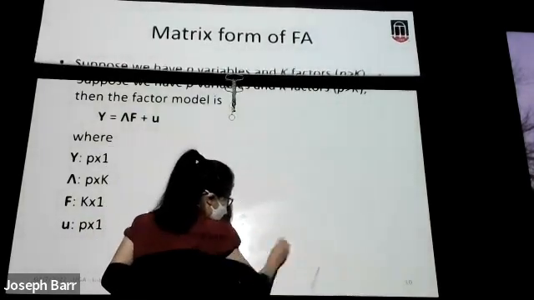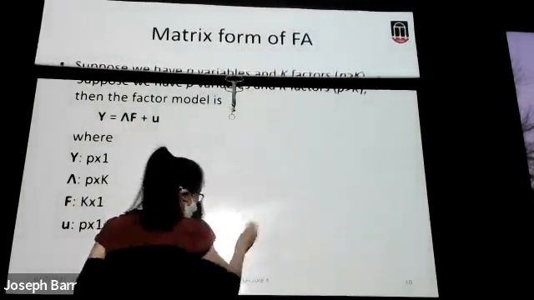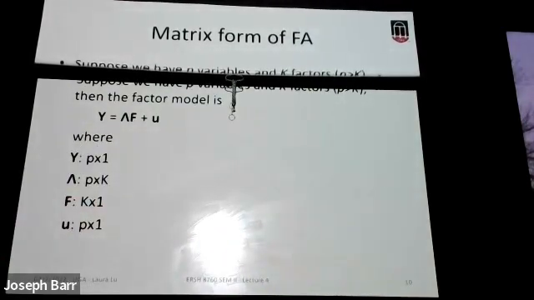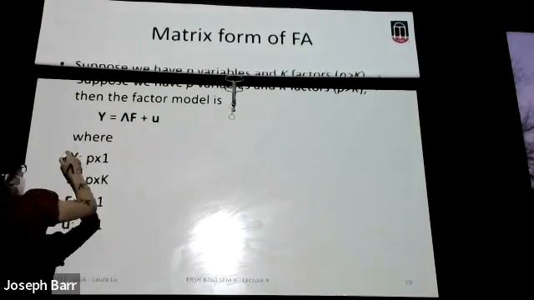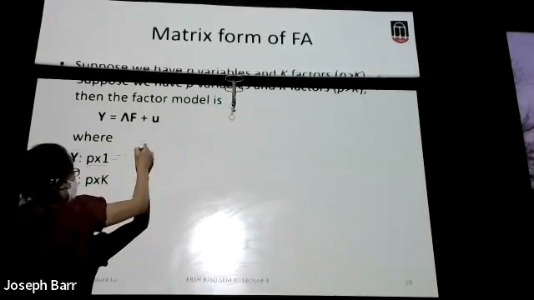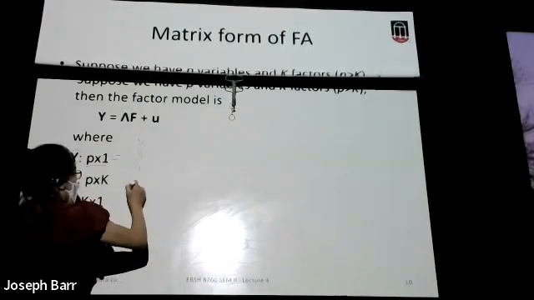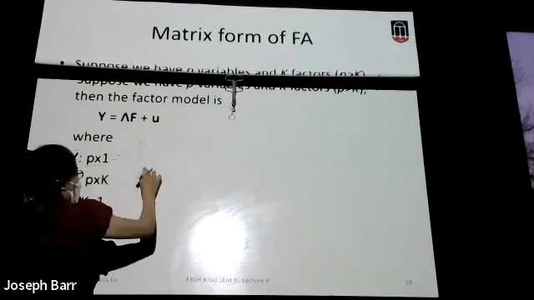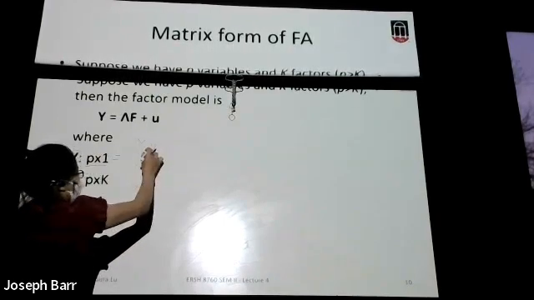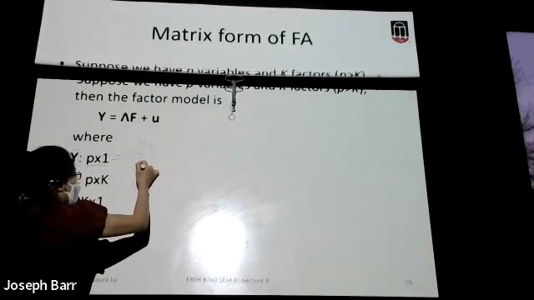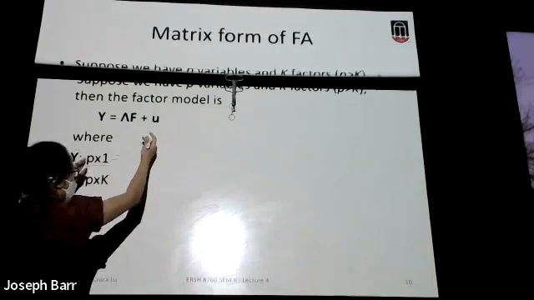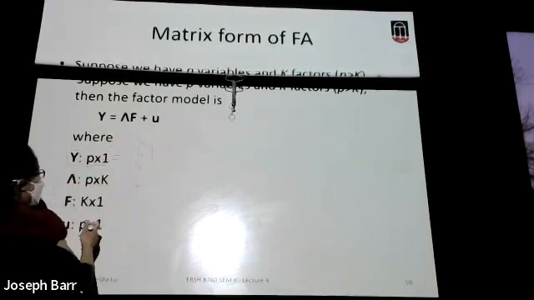For each manifest variable, I have 1 element in Y. So the Y here is p by 1. It includes y1, y2, y3, to yp. Suppose this is a math score, this is a verbal score, maybe a music score, this is the other test. So we have so many variables.